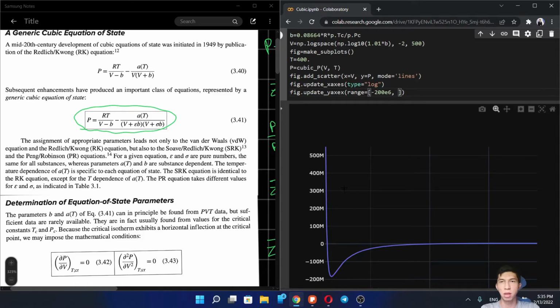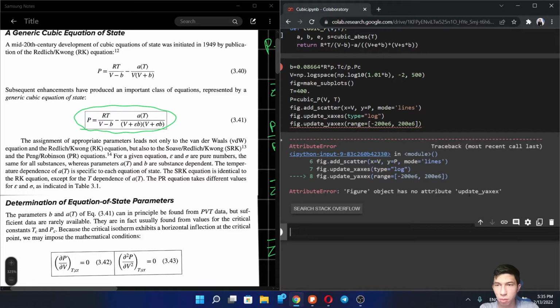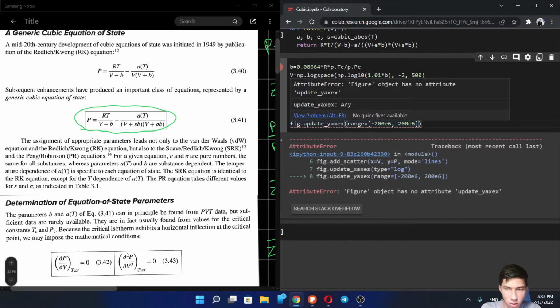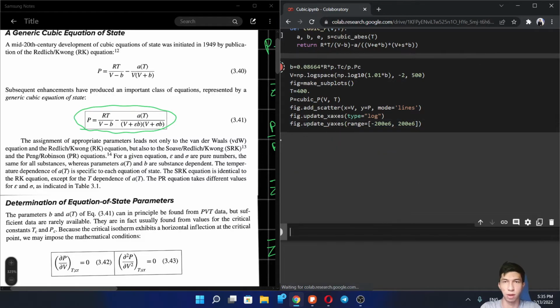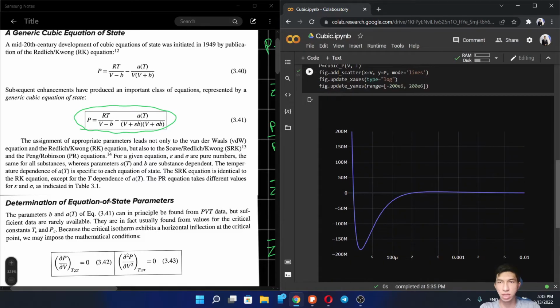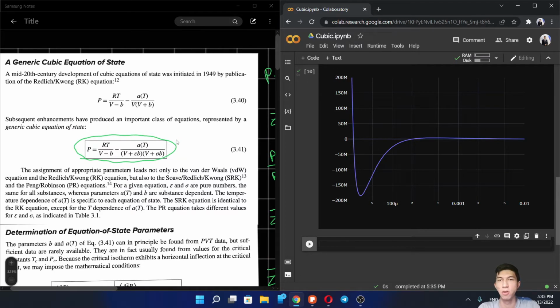And here, let's go to positive 200, right? Okay, figure object has no attribute y-axis. Oh, there's a typo. There is an extra x, so we should have had s. So this is our graph. This is the plot of our generic cubic equation of state for the temperature of 400.